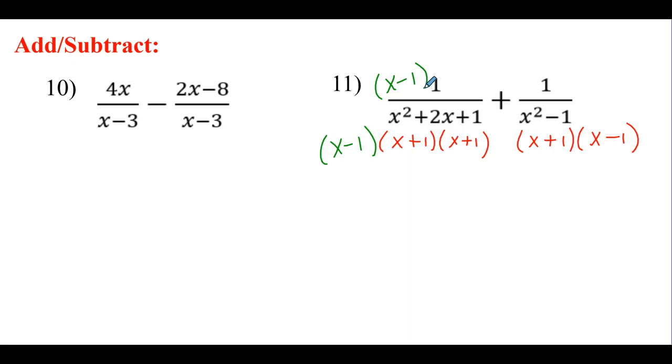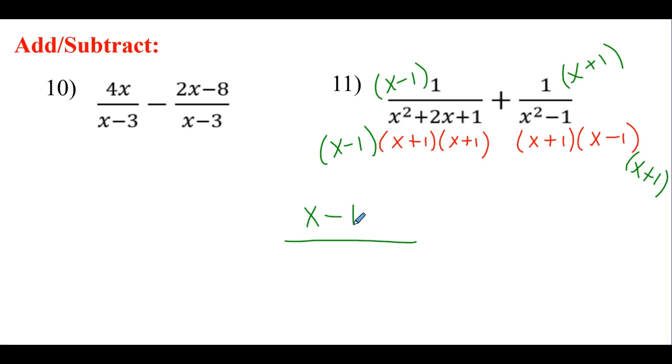Now what is the right fraction missing that the left fraction has? Another x plus 1. So I need to multiply this times x plus 1 on the top and the bottom. So now, on the top I have x minus 1 over.